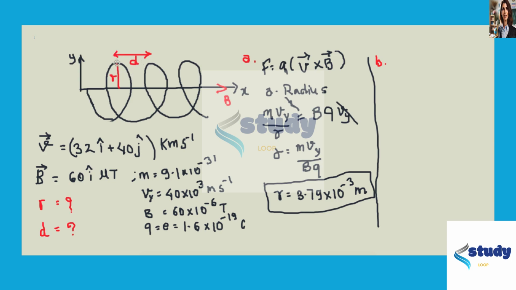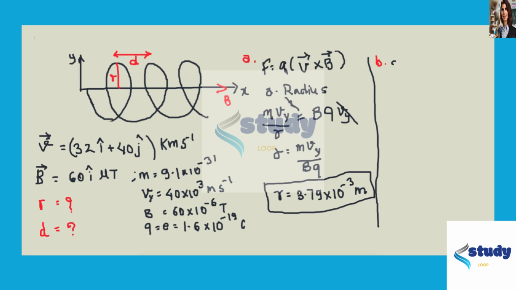Now, what is the time taken by the electron from this point to this point? If you look along the x-axis, that will be a complete circle. When the electron goes from here to here, that can be considered one complete circle. And for one complete circle, the time taken is the time period.